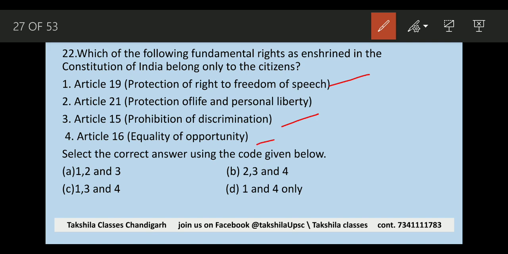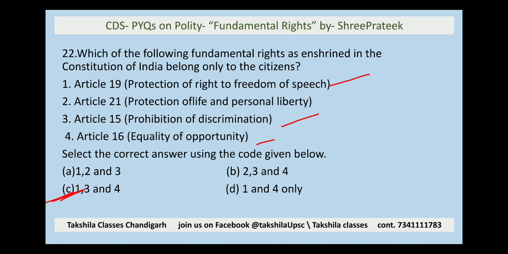And then 15, 16, 19, 29 and 30, that is our option C. It's a very simple question. UPSC has asked a number of times about the rights which are available to the foreigners and those available only to the citizens. 1, 3 and 4 should have been the answer in this question.